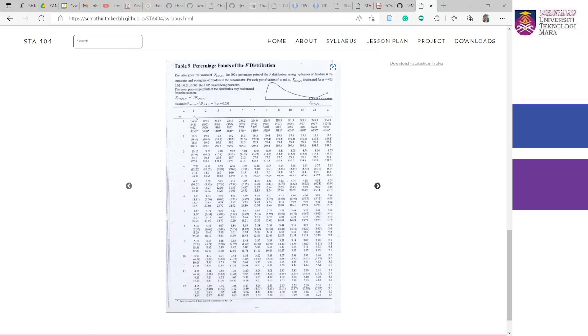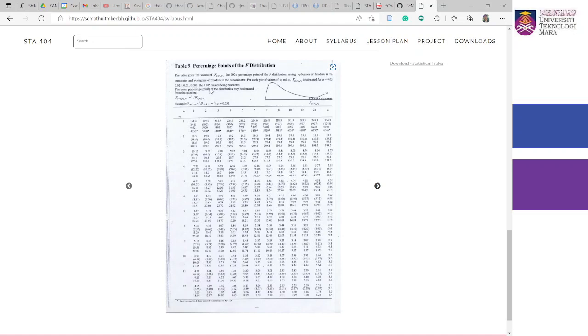And then for each of the cells, the cross cell over here, let's say 1 and 1 here, there are 4 values there. In order to know which value you need to refer to, you have to look at the description. Okay, here it says F alpha V1 V2 is tabulated for alpha equal to 0.05, 0.025, 0.01 and 0.001.